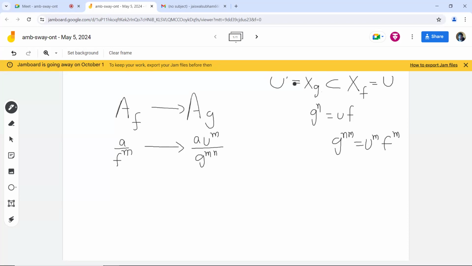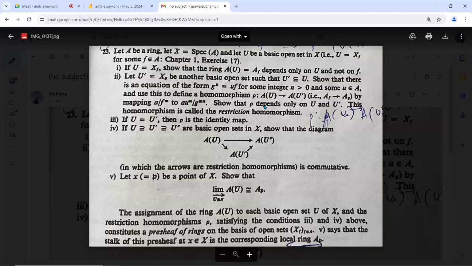Yes, you can do that. Yes, it doesn't depend on f and g. It only depends on u and u prime.